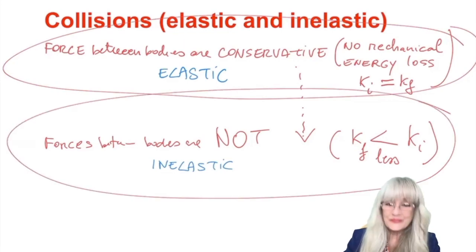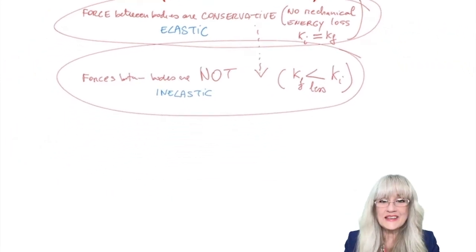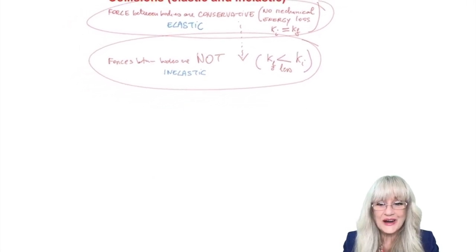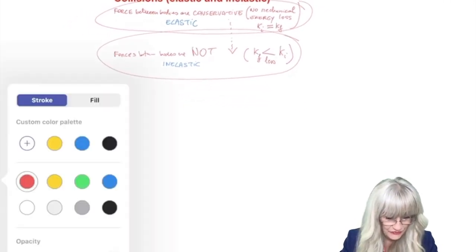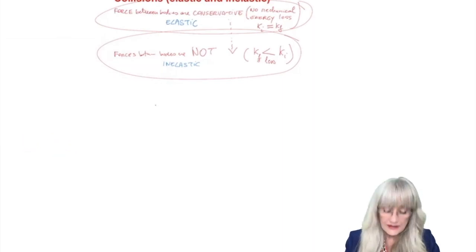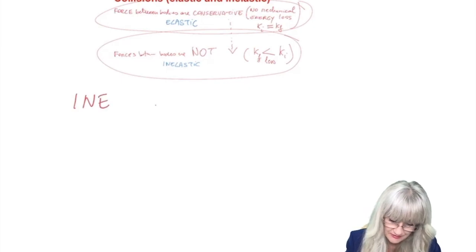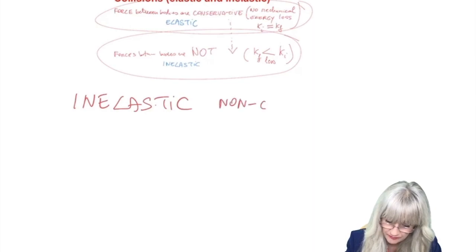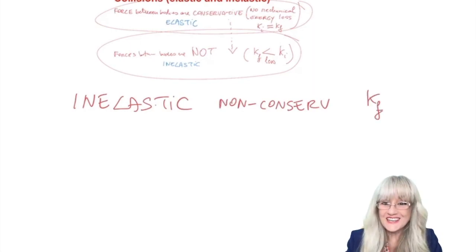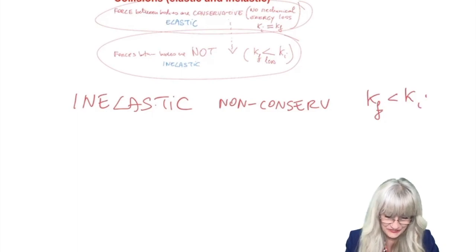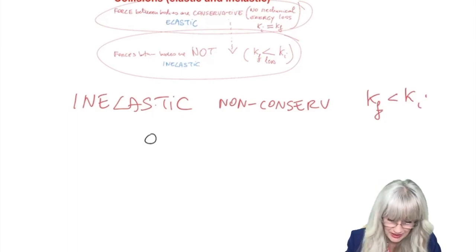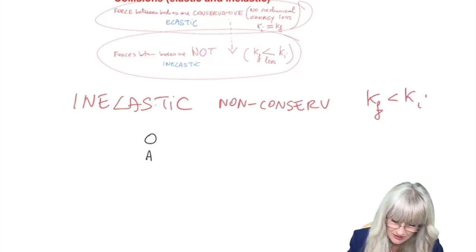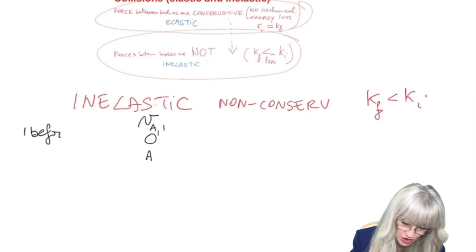1 and 2. All right, let's analyze them in terms of math, so you are in great shape. The first one I'm going to do is inelastic. This is non-conservative. What does it mean? Final kinetic energy less than the initial kinetic energy. So let's imagine a body, I'm going to call it A, which has a velocity A1 before collision.